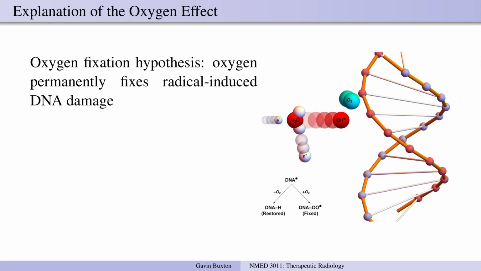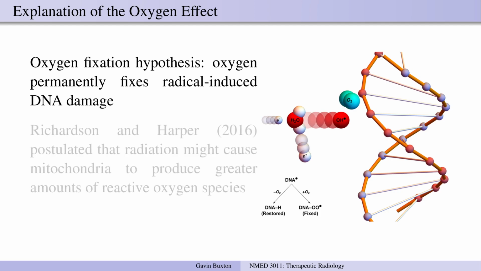Why does this effect occur? Well, the 2 most widely accepted hypotheses for the oxygen effect are that free radicals caused when radiation interacts with water in the cell may be enhanced by the presence of oxygen, or that these chemical changes may be reversible when oxygen is not present.